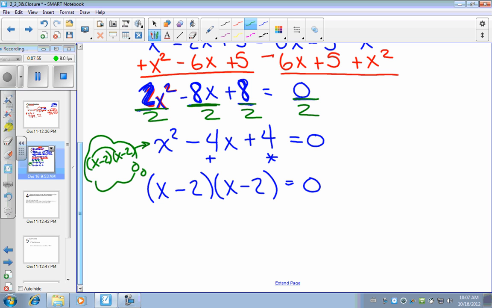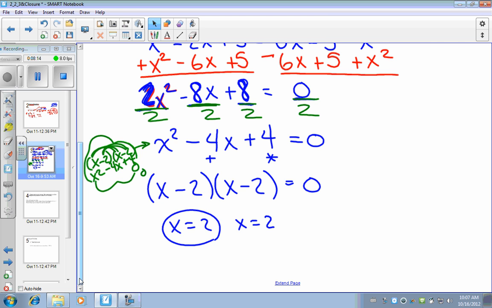So x times x is x squared, that worked. Negative 2x and negative 2x is negative 4x, so that worked. Negative 2 times negative 2 is positive 4, so yes, that does equal the same thing, and then you can solve it.